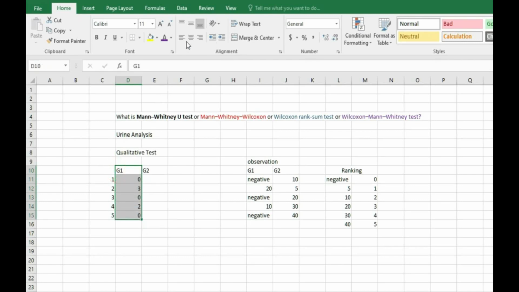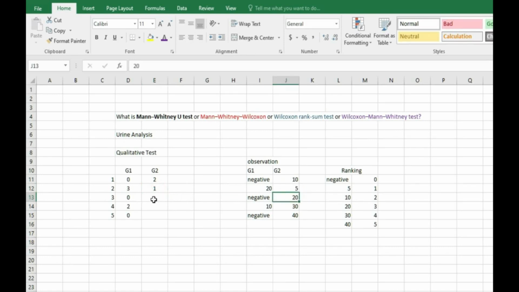In that, we have to give the ranking according to the reading. We have the observations. So here 10 is ranked as 2, so we write 2 here. The second animal has 5, which we ranked as 1, so we write 1 here.